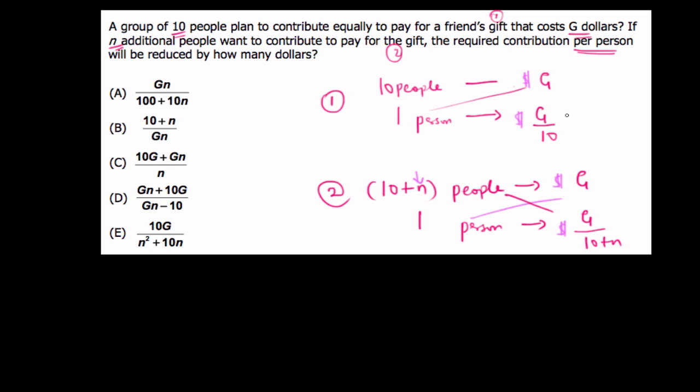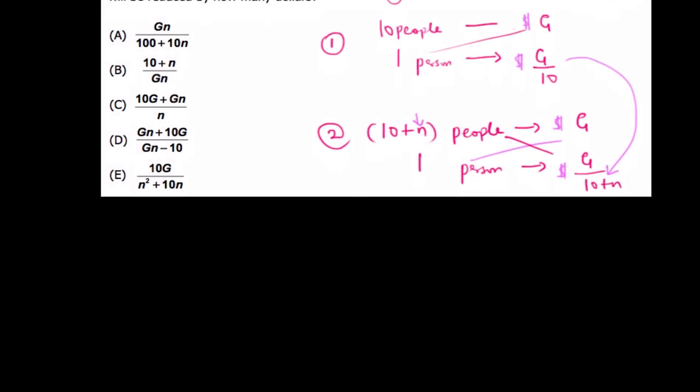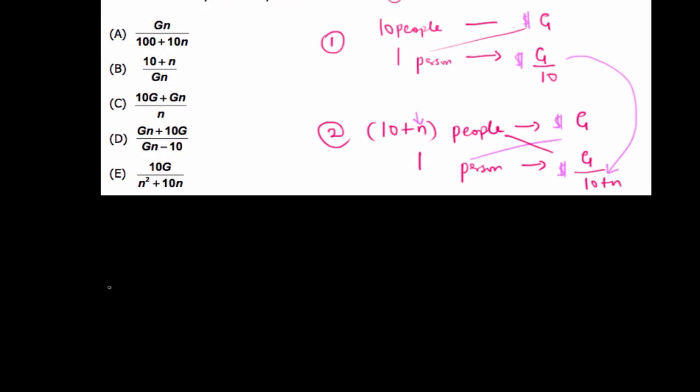So the reduction, from G over 10 to G over 10 plus n, is just G over 10 minus G divided by 10 plus n.